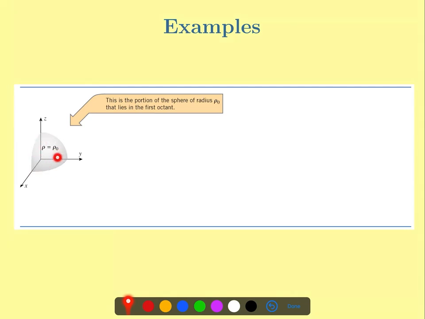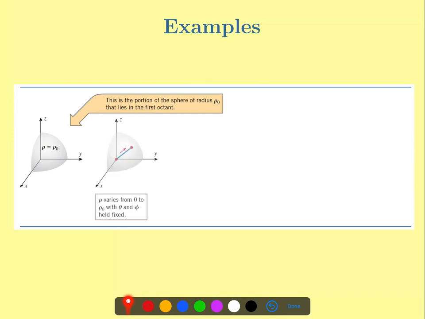So we're going to have an eighth of a sphere here, just the sphere in the first octant, with the center at the origin, and the radius is rho sub 0. So what do you think happens with rho here? Well, rho is just going from the origin to the sphere, so it's going from 0 to rho sub 0.